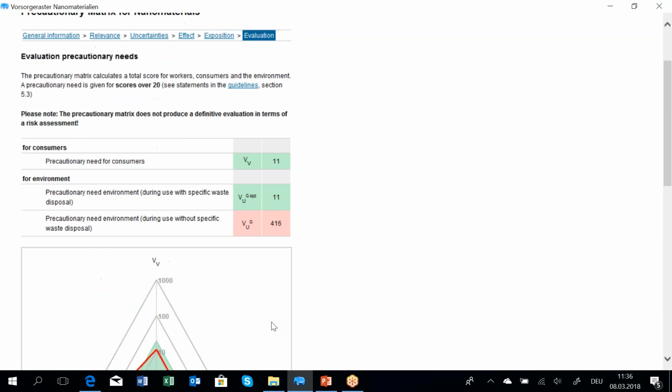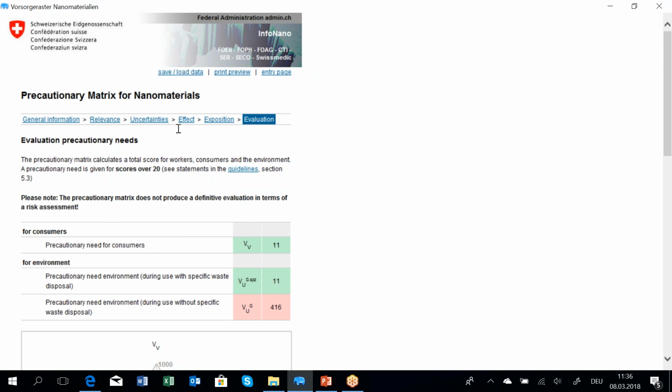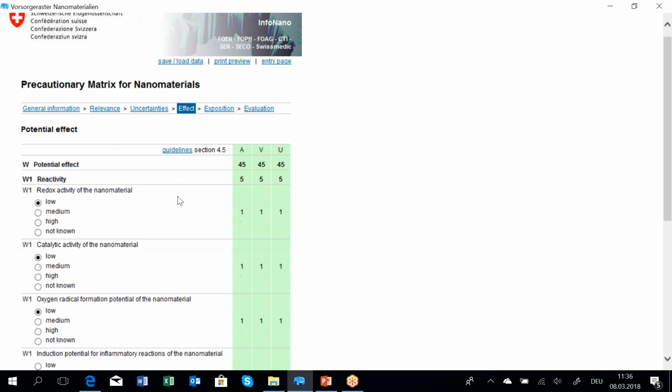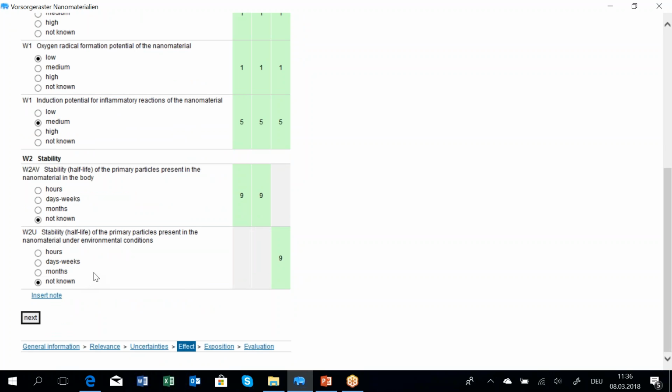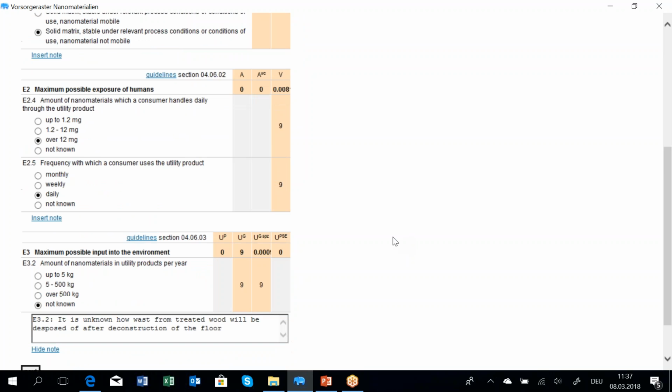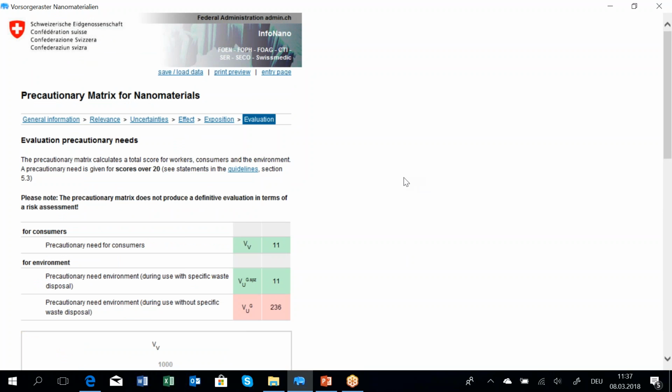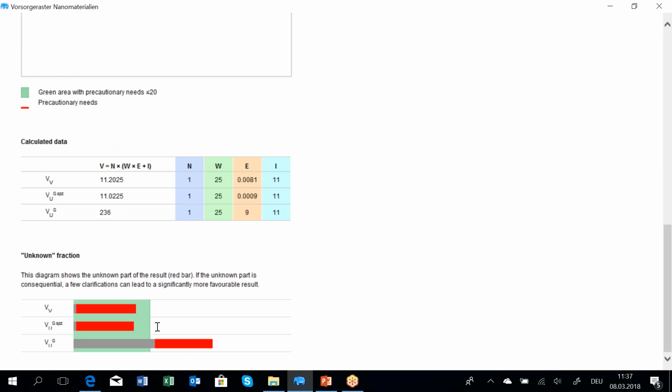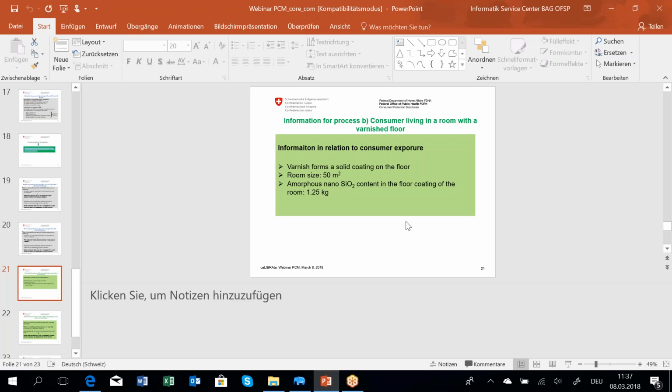So we can also, in this case, go back and fill in the knowledge we already have about days and weeks of stability of the nanomaterials. And we still can see that even if we have better knowledge about the stability, we still do not get into the green box. So there's still a precautionary need.